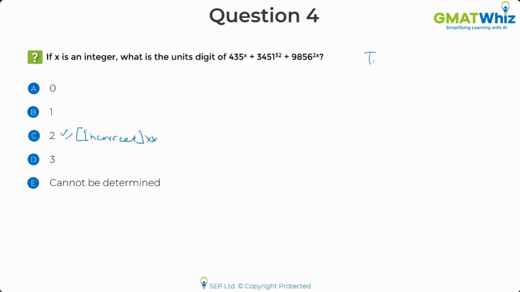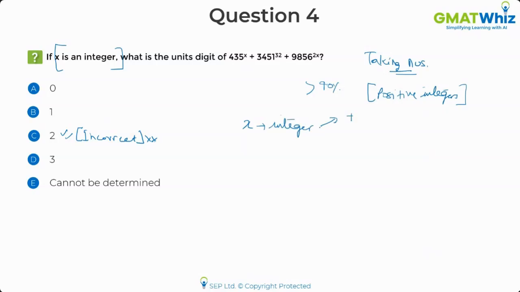See, when you're taking numbers or even making inferences, the major mistake that most of you make is that when you read x as an integer, almost 90% or more, people always think about only positive integers. I take one question each webinar to highlight this point: if you're given x is an integer, make sure to infer that the integer could be positive, it could be negative, and it could be 0.